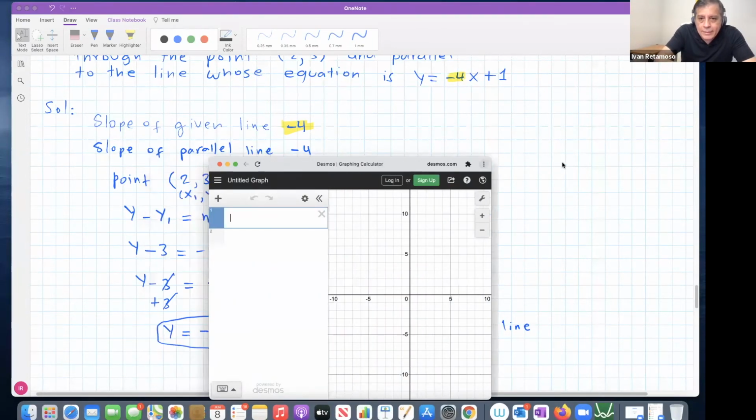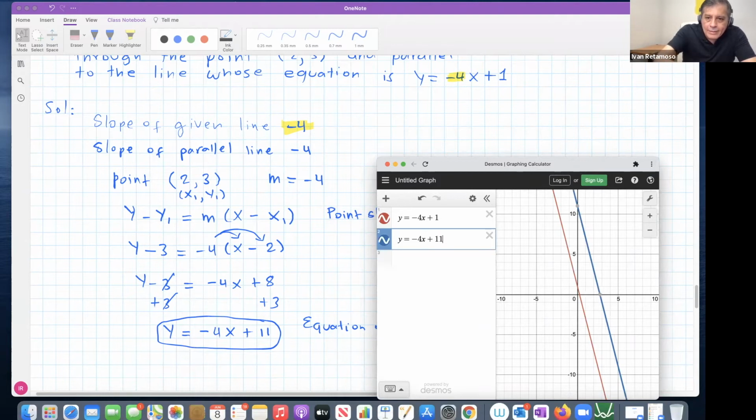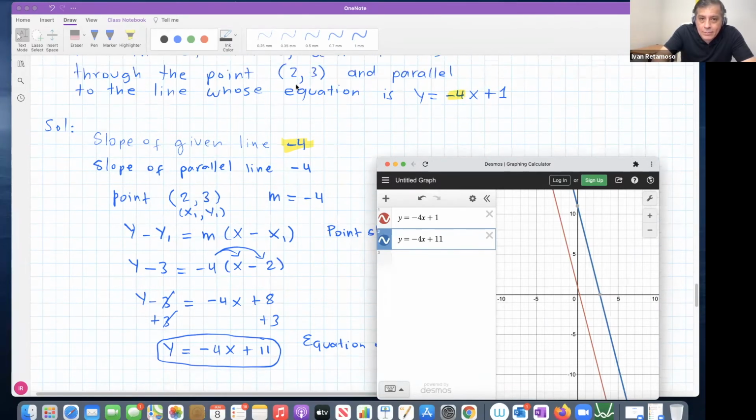You say, okay, I was given this equation, y equal -4x plus 1, right? And this is this line. Now I found another line parallel to this given line, right? Y equal -4x plus 11. And then look, it looks parallel to this, right? Not only that, they say that this new line should pass through this point 2, 3.